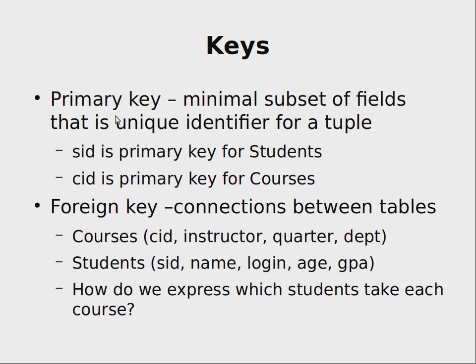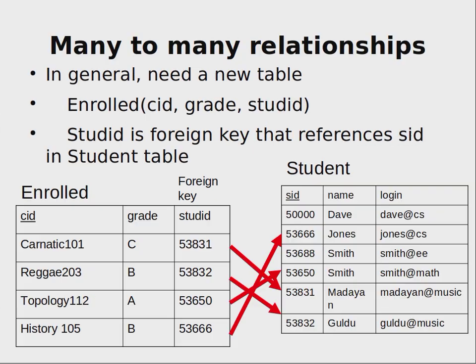So a primary key is a unique identifier for your records, and a foreign key is a reference or relation, how you refer to a particular record in some external table in this database.